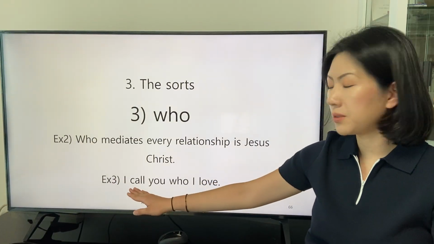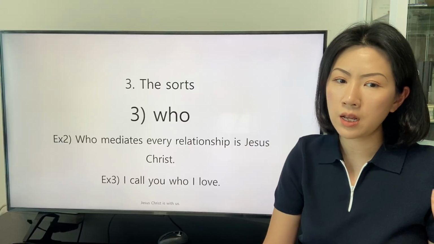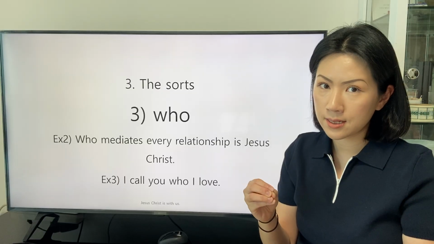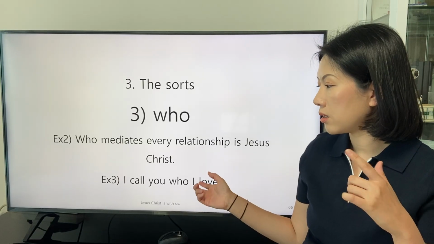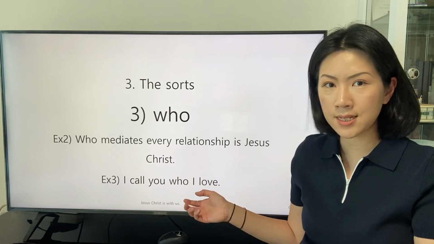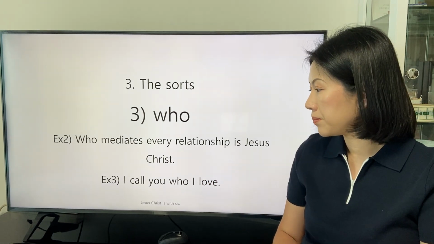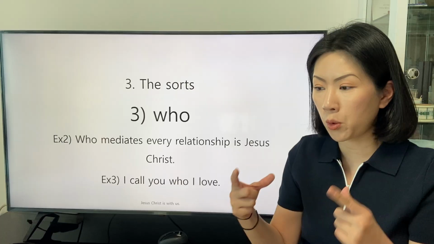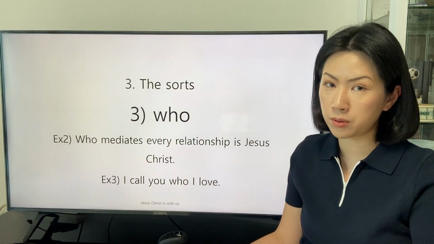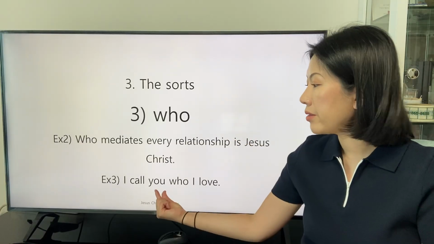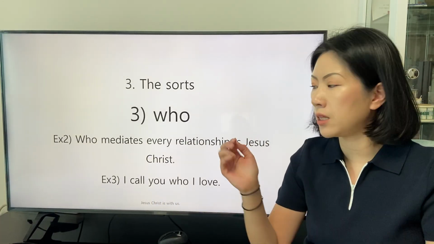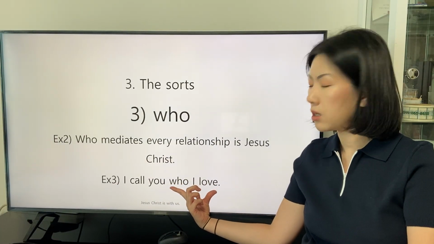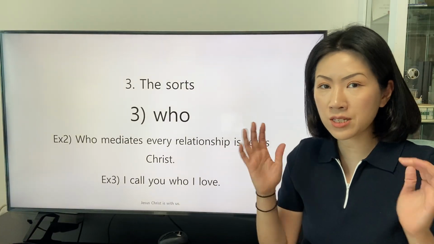And the third example, I call you who I love, is able to be analyzed in a way that this sentence is stated in the fifth type of clause. The subject applies the subordinate clause as the objective complement to describe the object in a way to define the object, because the subordinate clause has a role as an indication.